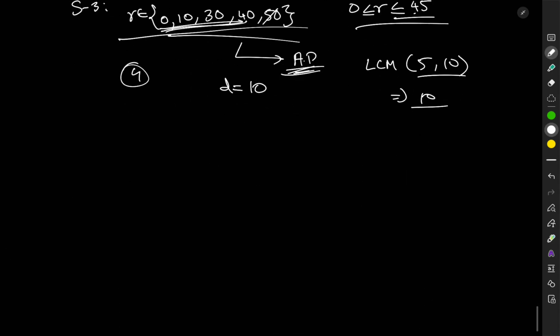Okay, the next concept we will be seeing is greatest binomial coefficient. Greatest binomial coefficient. So for this we need to take an observation.